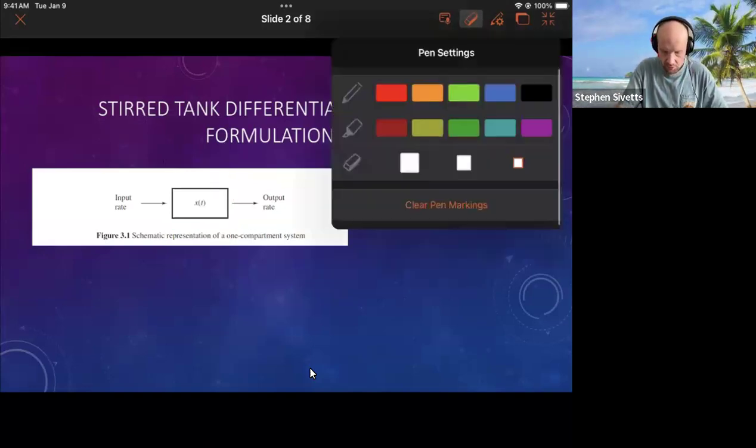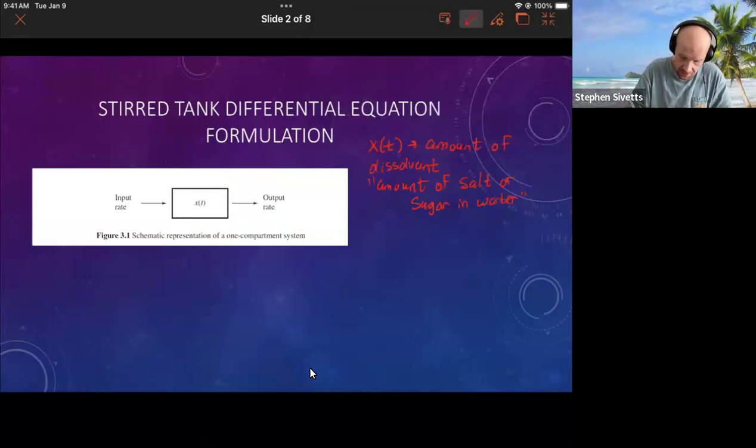And the formulation of this differential equation is the rate of change of the amount of salt or sugar in the fluid or in the tank, right?